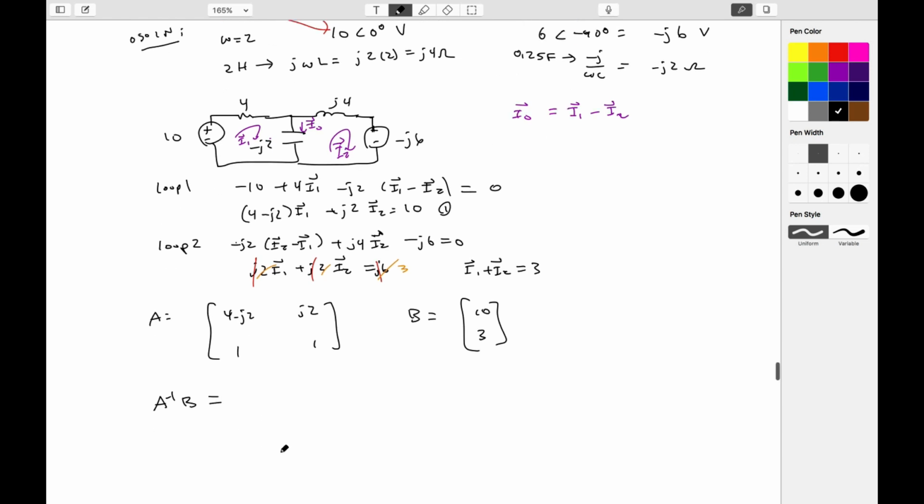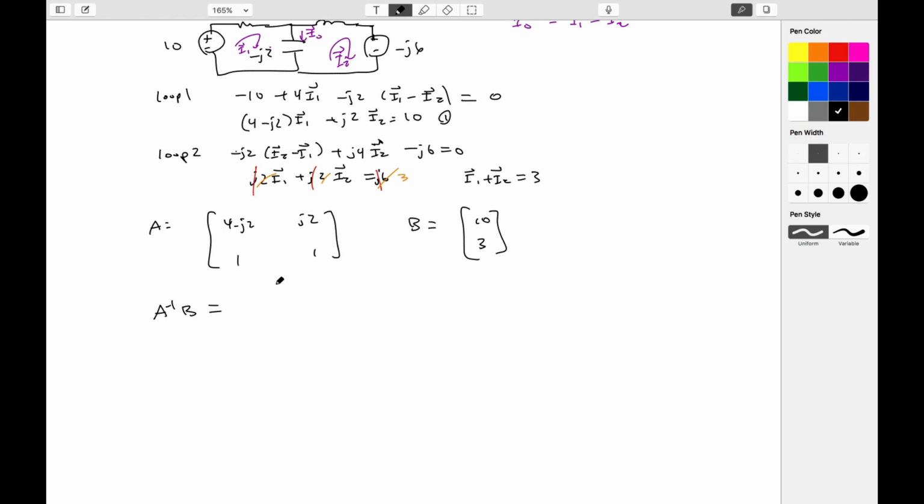And A inverse B is going to be 1 divided by the determinant of A, which is 4 minus J2 minus J2, which is that determinant, times A inverse, which, well, the determinant is part of that inverse, but I switch these, 1, 4 minus j2, and I switch the signs here, minus j2 and minus 1, and multiplied by 10 and 3.